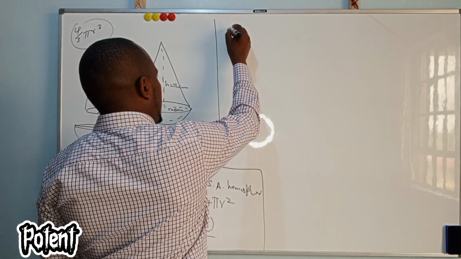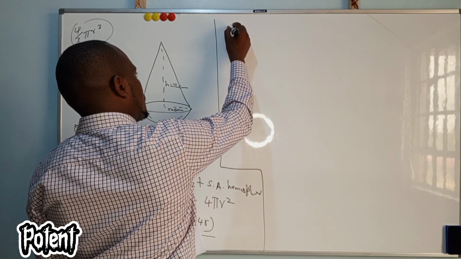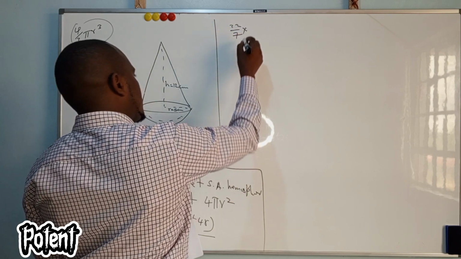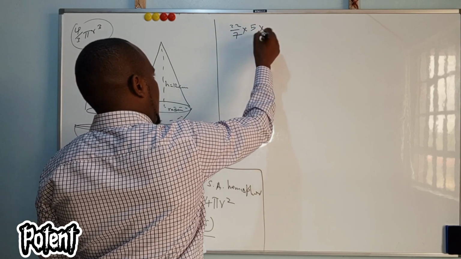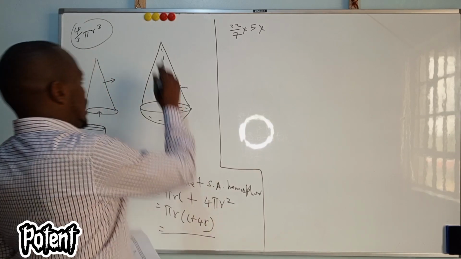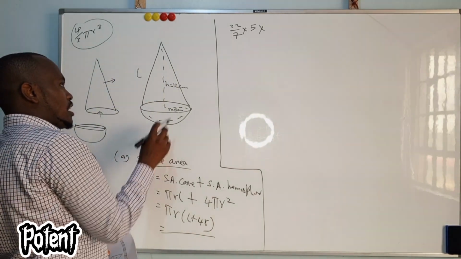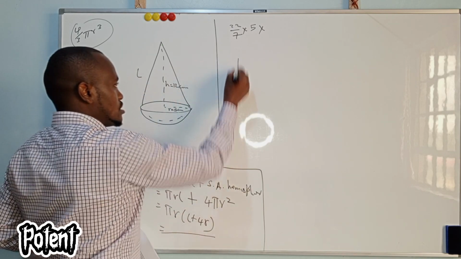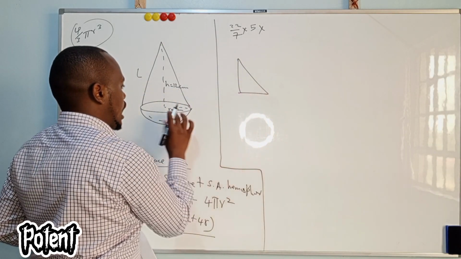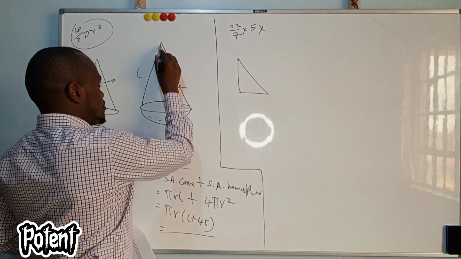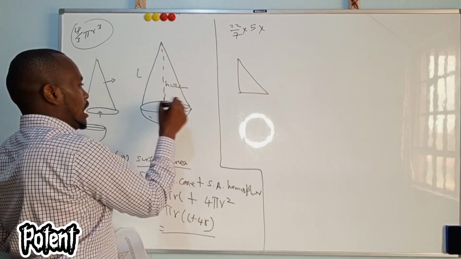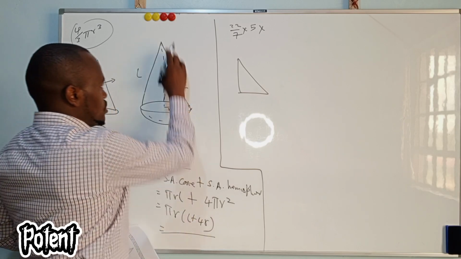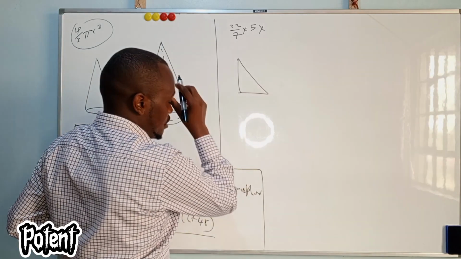So pi rl is equals to 22 over 7 times r, 5 times L. Now, what is L? L is the slanting height. And we are not given L. But we can find it because our r, this, is like a right angled triangle. So we need to find this. So what do we know about the Pythagoras theorem?